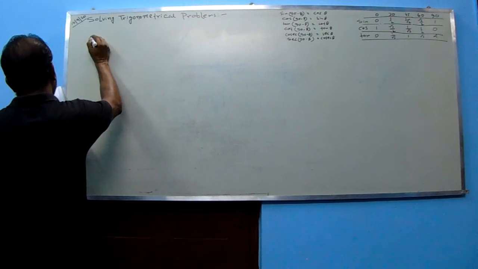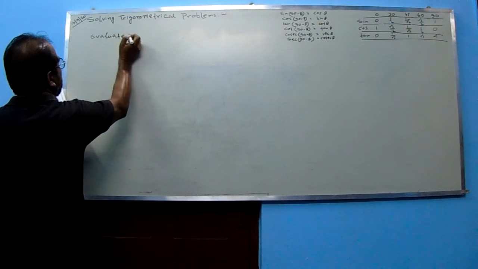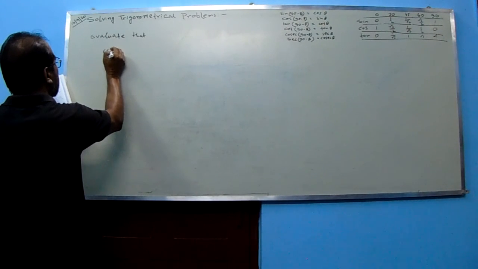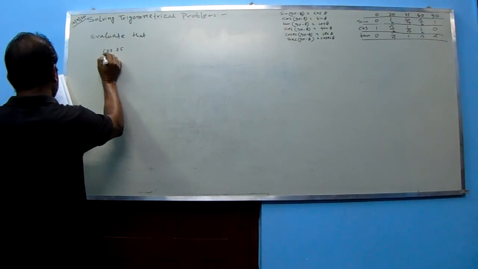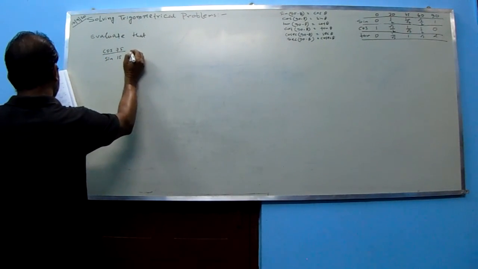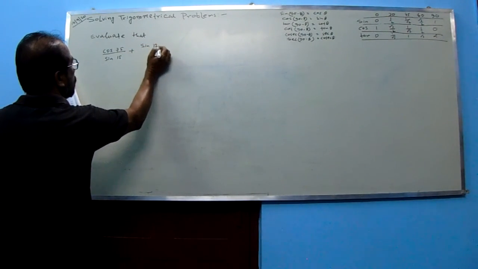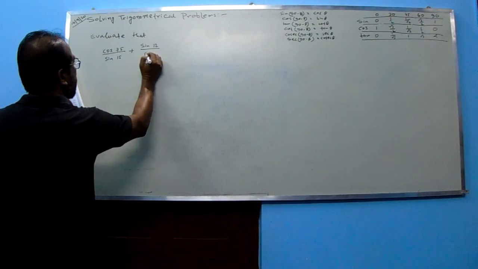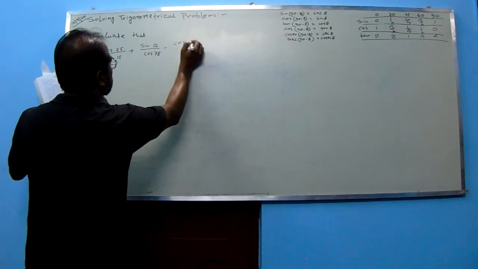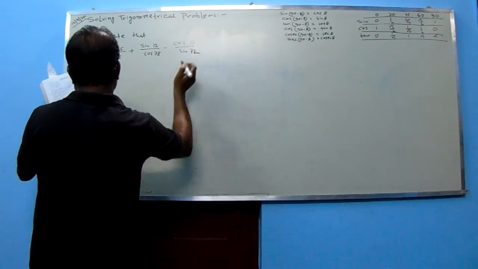Evaluate cos 75 divided by sin 15 degree, plus sin 12 degree divided by cos 78 degree, minus cos 18 divided by sin 72.